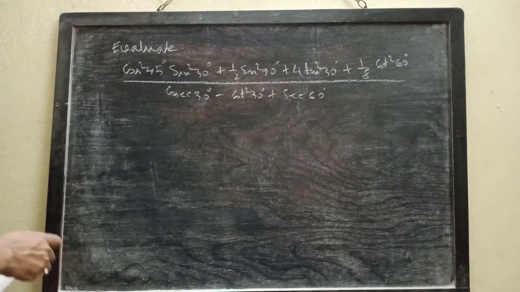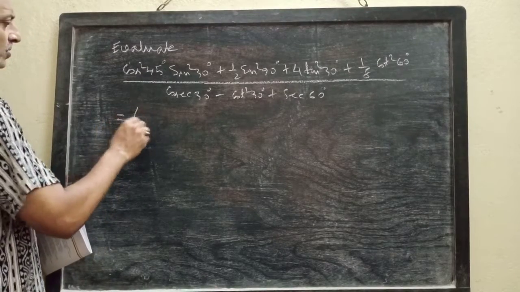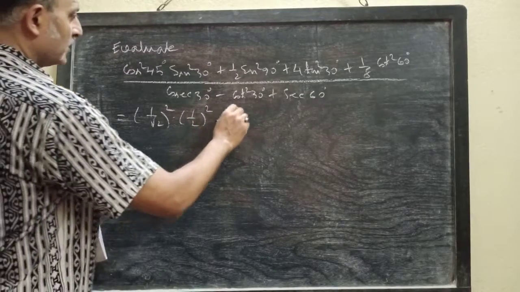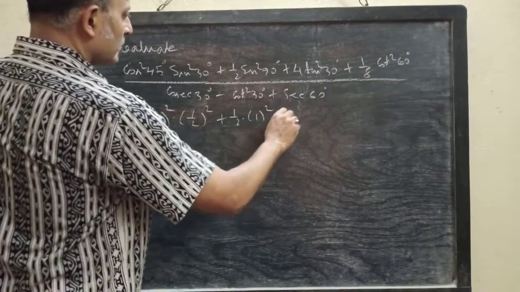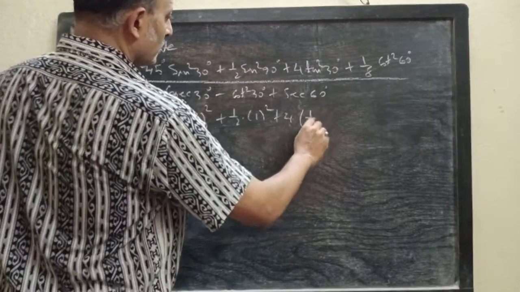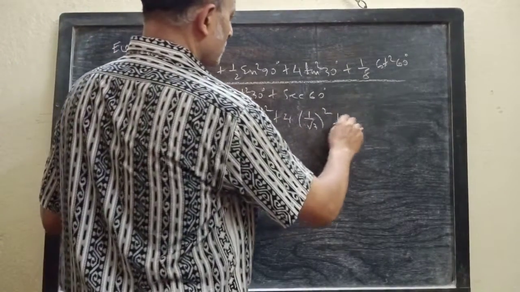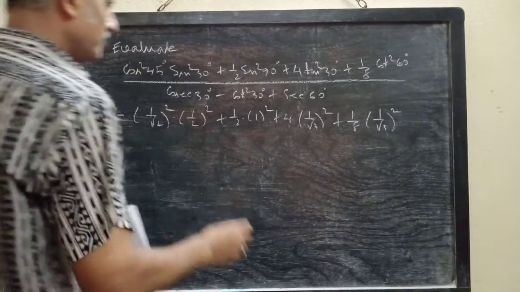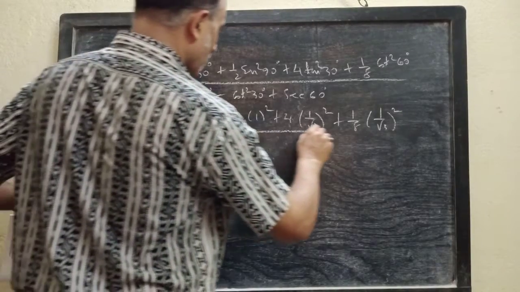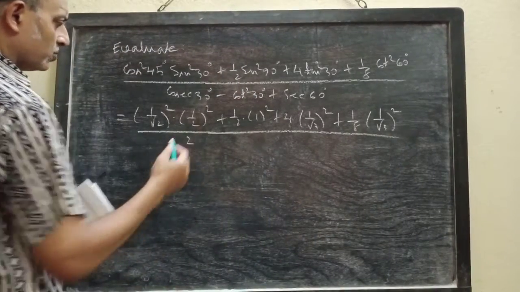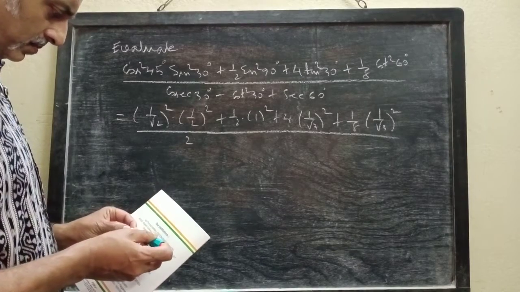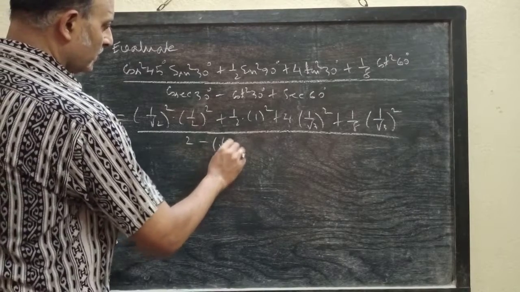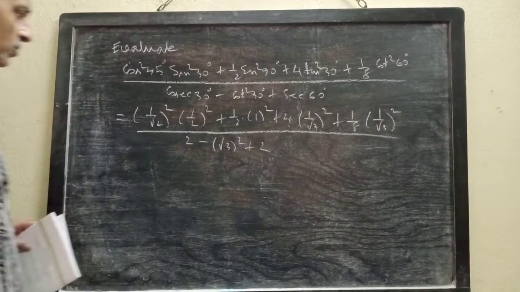Okay. So first step we have to substitute the values. This is 1 by root 2 whole square into half whole square, half into 1 square, 4 into 1 by root 3 whole square plus 1 by 8, cot 60 is 1 by root 3 whole square, divided by cosec 30 is 2, minus cot 30 is root 3 whole square plus sec 60 is 2.